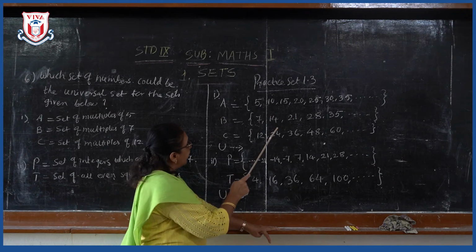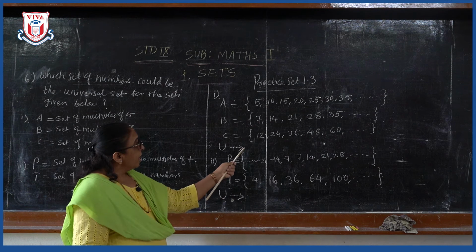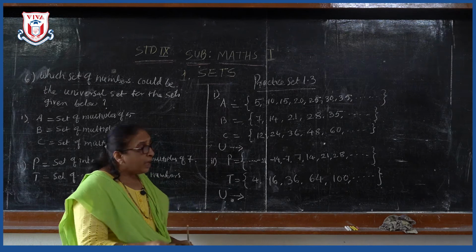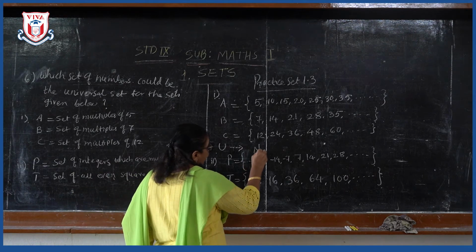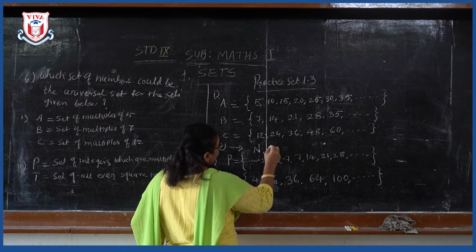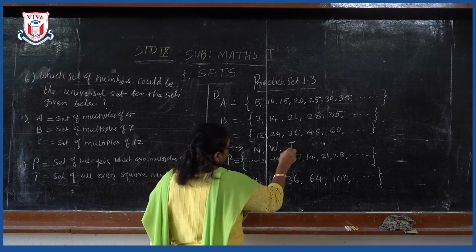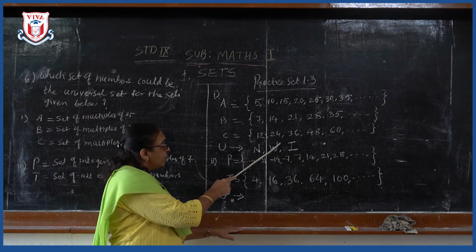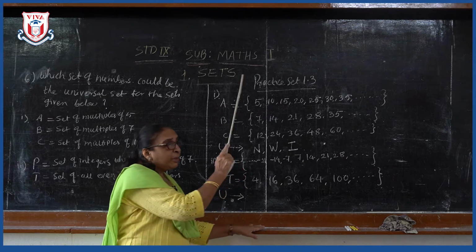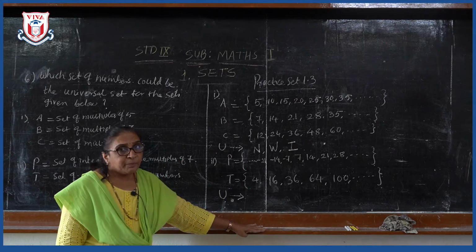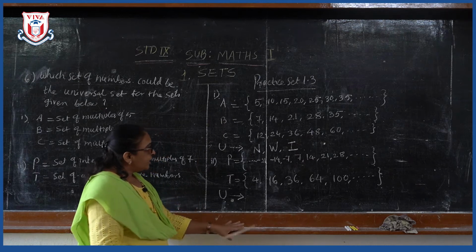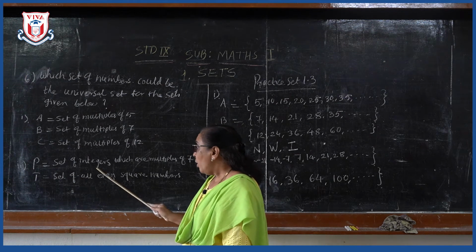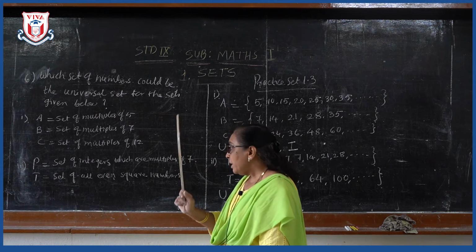So here we can say that the universal set for such sets A, B, C will be either the set of natural numbers, the set of whole numbers, or the set of integers. So N will be the universal set, W may be the universal set, I may be the universal set.